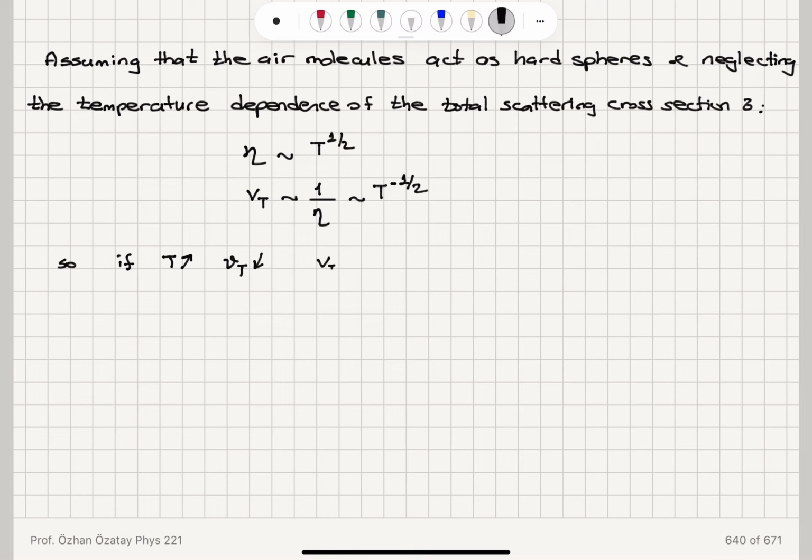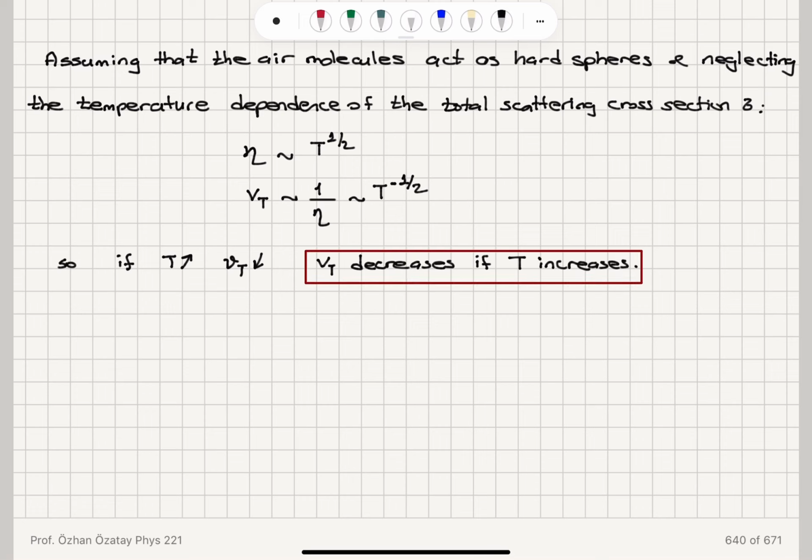So Vt decreases if temperature increases. That's our conclusion.